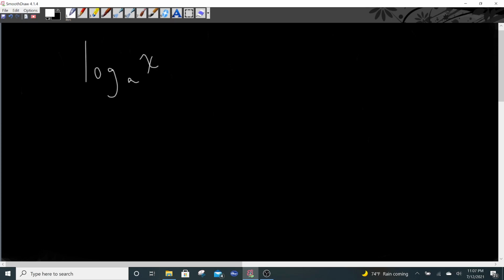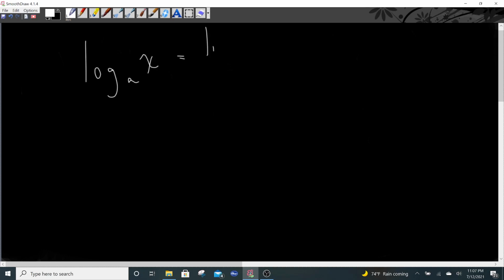So we are going to use our logarithm rules. Is that the correct way to say it? I don't know. But log base a x, or I don't know how to say it. I think it's logarithm of x with base a. But you can correct me in the comments down below.